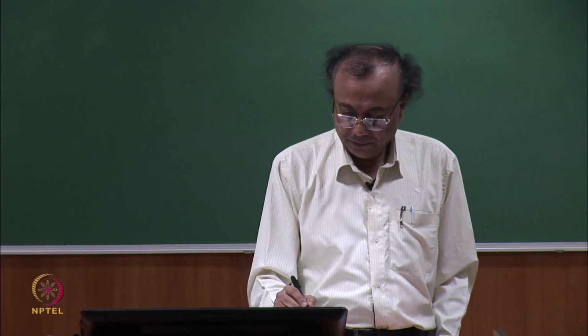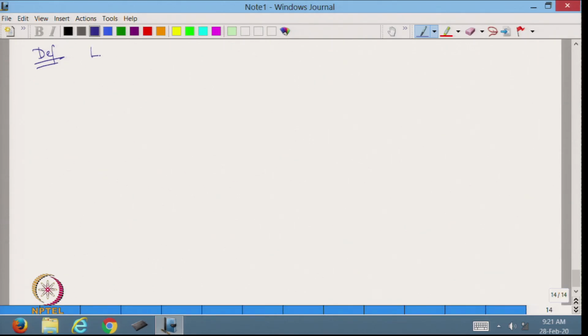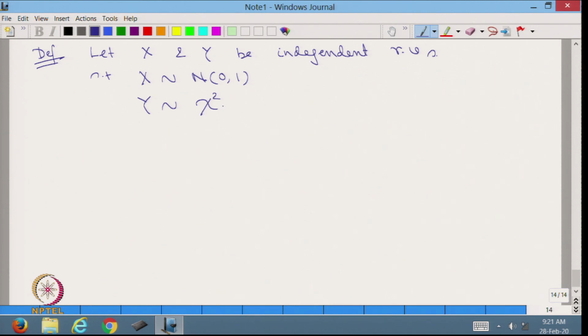So, definition: let x and y be independent random variables such that x is distributed as normal 0, 1 and y is distributed as chi-square with n degrees of freedom.